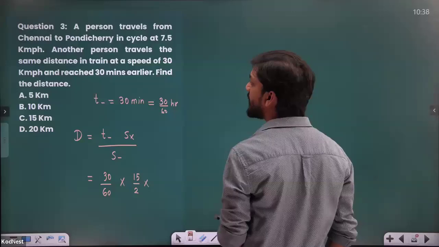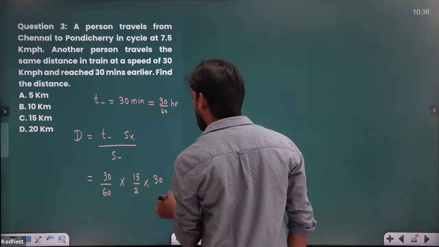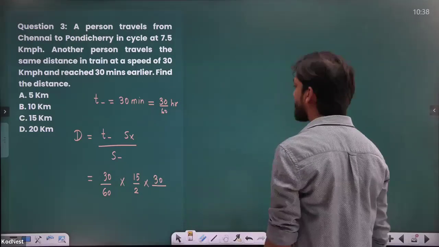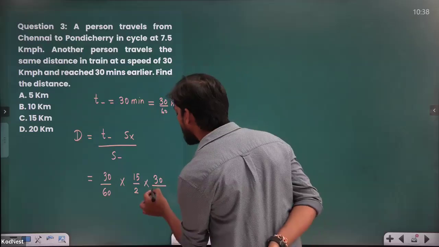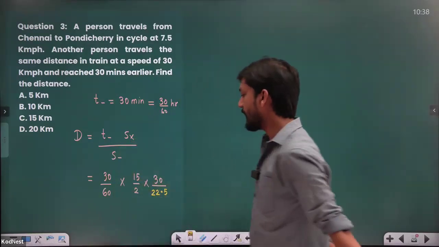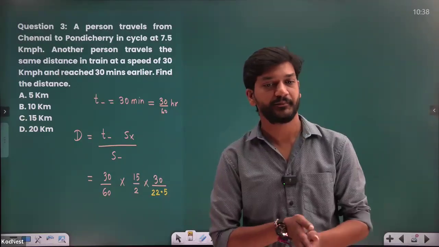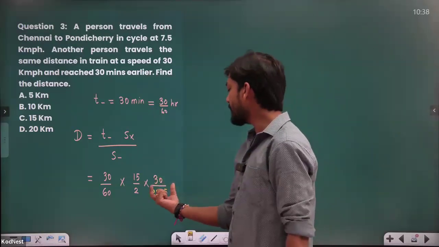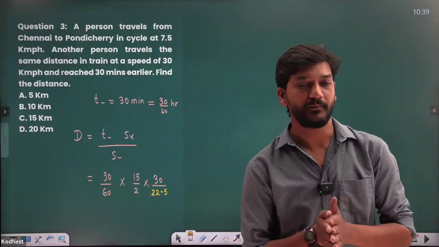And one person's speed is 30 kmph, divided by the speed difference. The speed difference will be 30 minus 7.5, which will be 22.5. Now try this, please. How much will it come out? 22.5 you can write as 45 by 2 also.